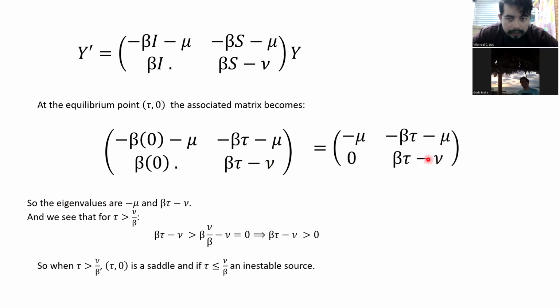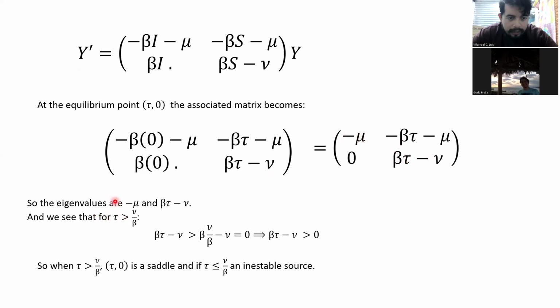So the eigenvalues we can obtain in an easy way because this is a triangular matrix. What are the eigenvalues? We see directly that they are minus mu and beta tau minus b.